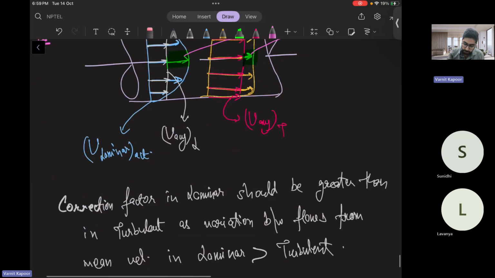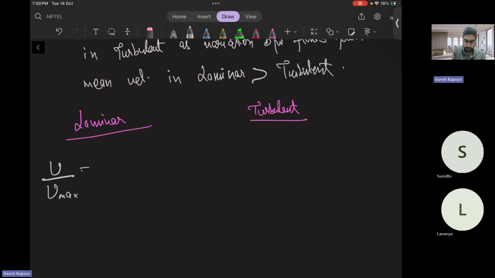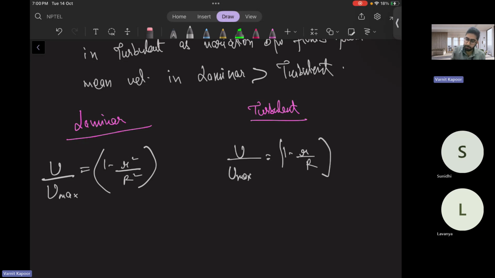So you have the velocity profile distribution in the laminar case and in the turbulent case. In laminar, U by U max is 1 minus small r square by capital R square, whereas U by U max in turbulent is 1 minus r by capital R to the power of 1 by 7.